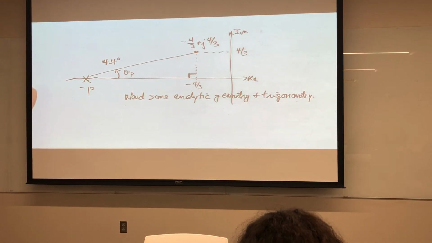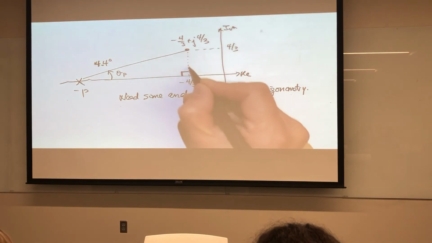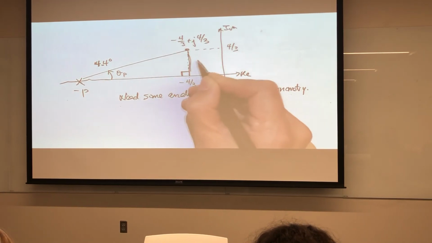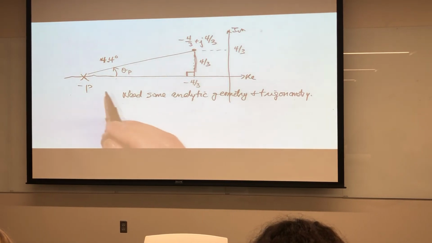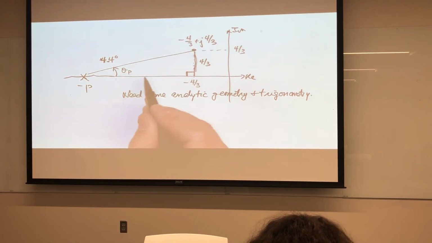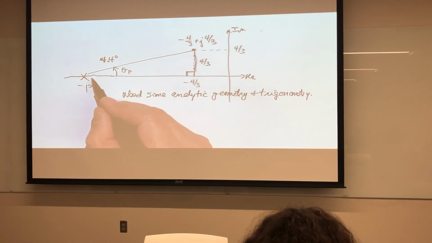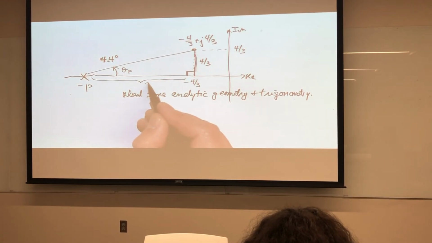All right, so this is the problem we have to solve. I know this distance. This is 4/3. I know this angle. What button on my calculator might solve this problem? Something related to a tangent, maybe, because I don't know this distance, right?